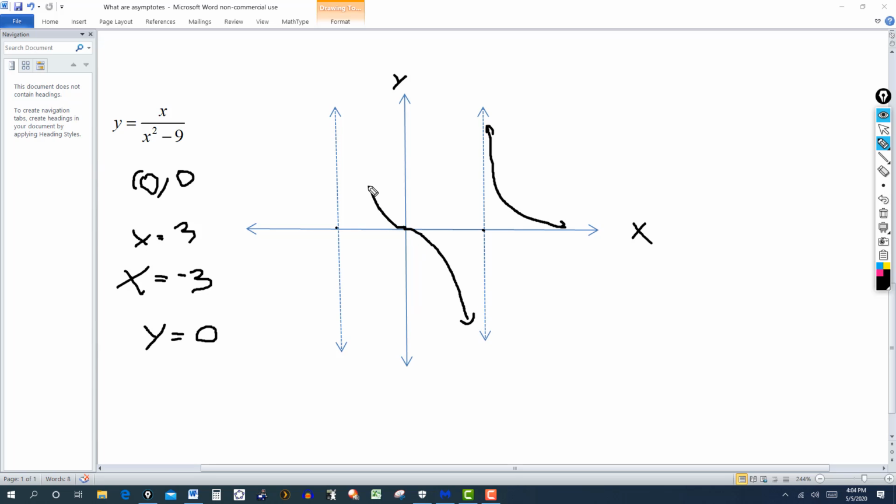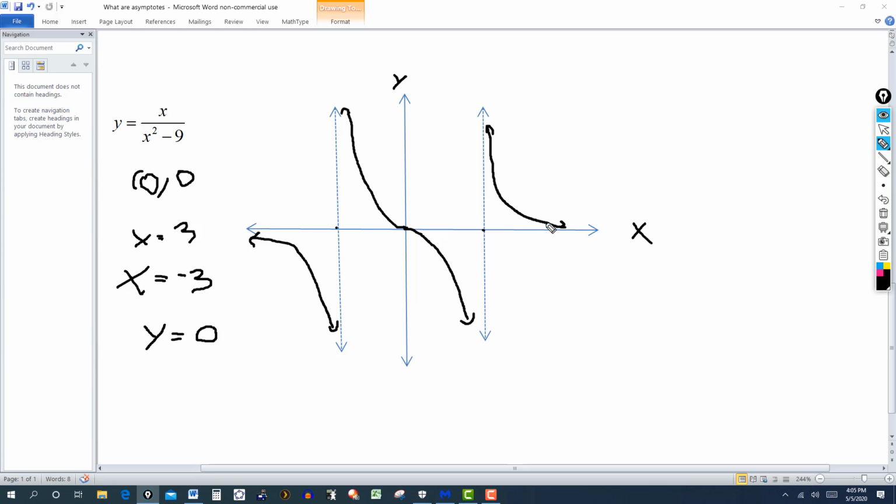This goes up this way, and over here it comes down this way. So this is another example where the graph crosses the horizontal asymptote right here at (0, 0). But because x goes to infinity, it doesn't cross over here anymore.